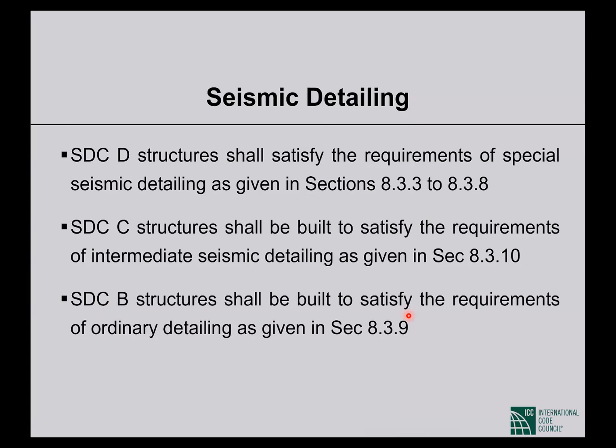If you know the site condition, site class, then you can determine the seismic design category. If you choose a certain structural system, you can determine what height is allowed based on the seismic design category. You can determine the value of R, CD, calculate the load, design the structure, and then while detailing, follow these. Only this way can you make sure if a structure is seismic design category D, C, or B.